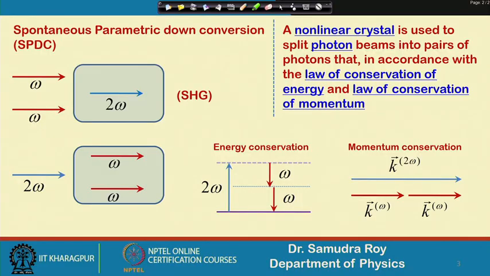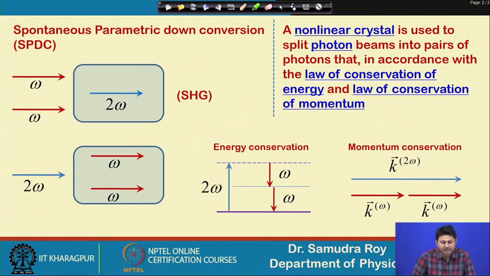So, let us go back to the old slide, the spontaneous parametric down conversion or SPDC. There we were studying one condition: if I launch a frequency 2 omega, is there a possibility to generate two photons of frequency omega and omega, considering that energy conservation and momentum conservation are valid?